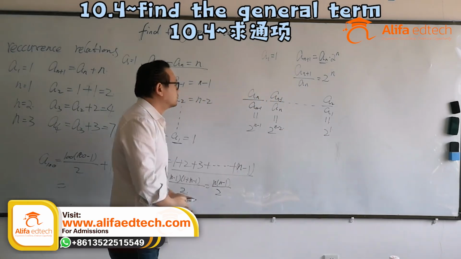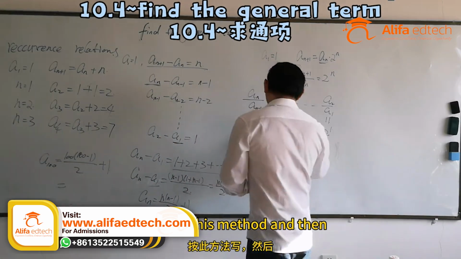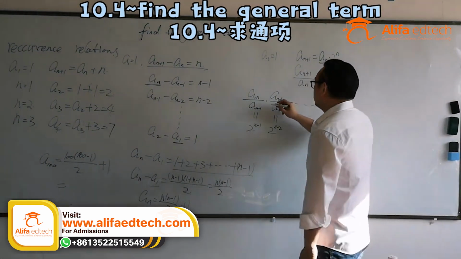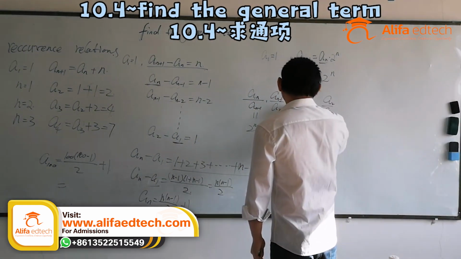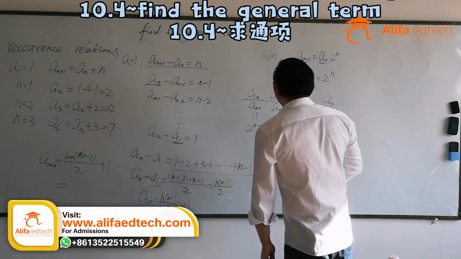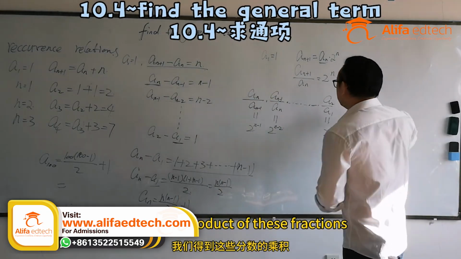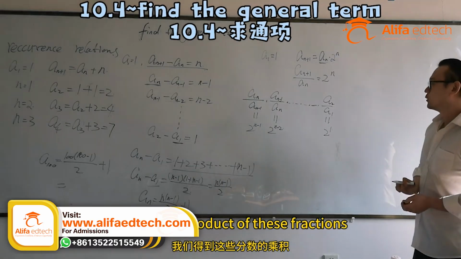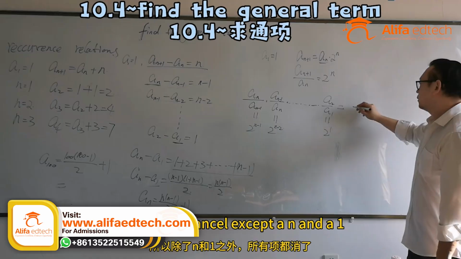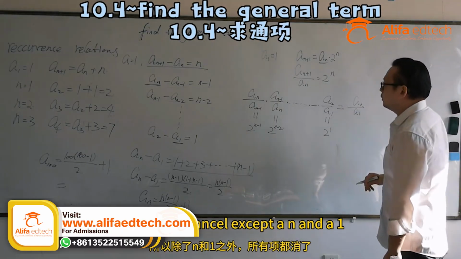So we can write out the terms as this method, and then we get the product of these fractions. So all terms cancel except an and a1.